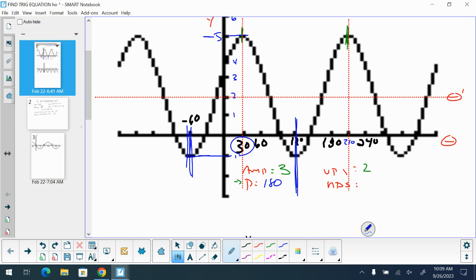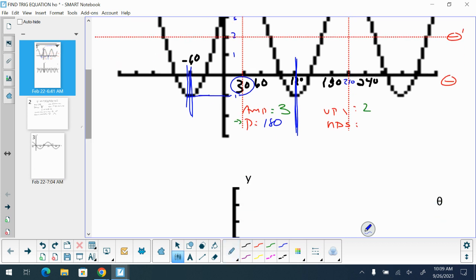So the period would be 180. So from this, we can calculate a B value. Leo, what would be our B value if the period's 180? Well, how do we calculate the period? How did you calculate it in every one of the problems that you did for today?